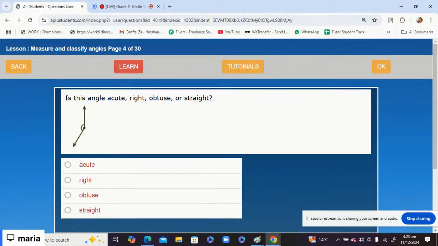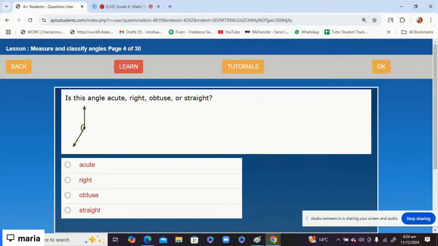Check this one. You guys tell me the answer in the chat for this question. It's not a straight and it's not a right angle because it's not 90 degrees. It may be acute or obtuse. So check which angle this is.